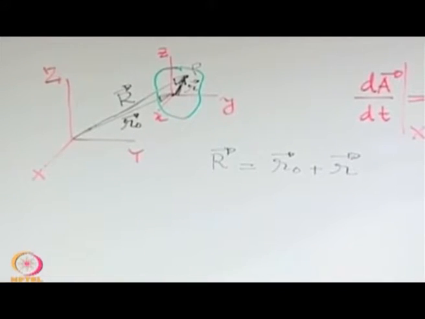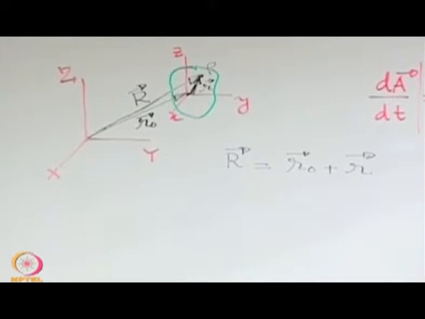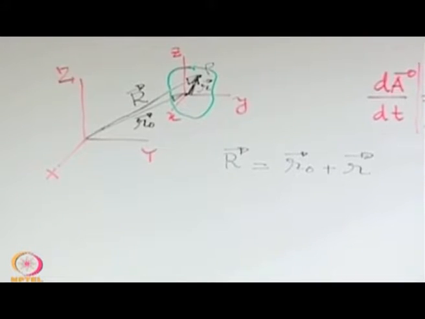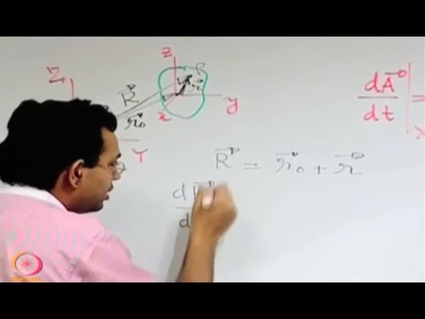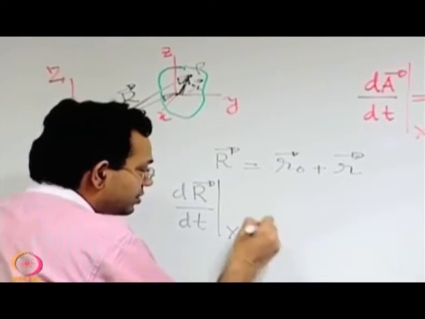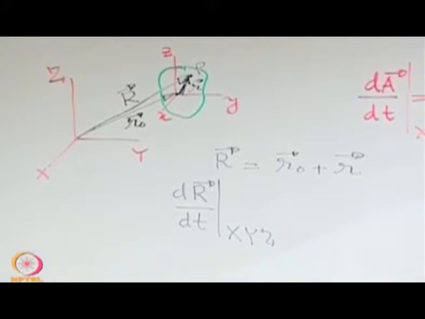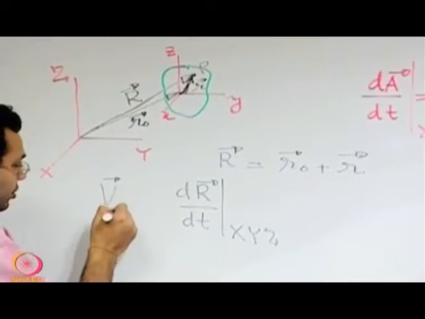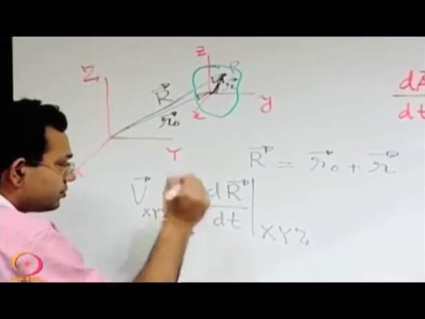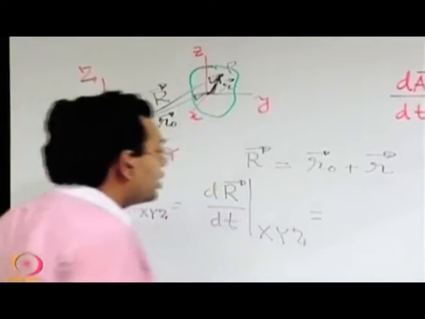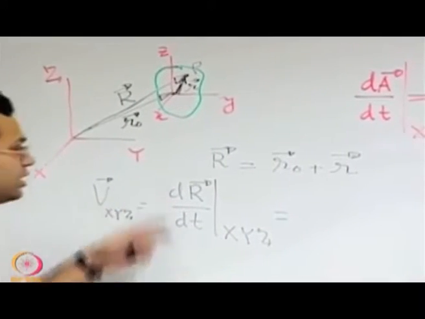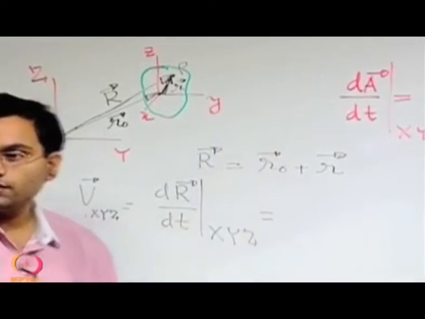Okay. Now, in the next step we will try to find out the velocity. The velocity of the point P in an absolute sense is d capital R dt with respect to capital XYZ. This is the velocity with respect to capital XYZ. In shorthand notation, we may not always write d dt, but write a dot on top to indicate a time derivative.